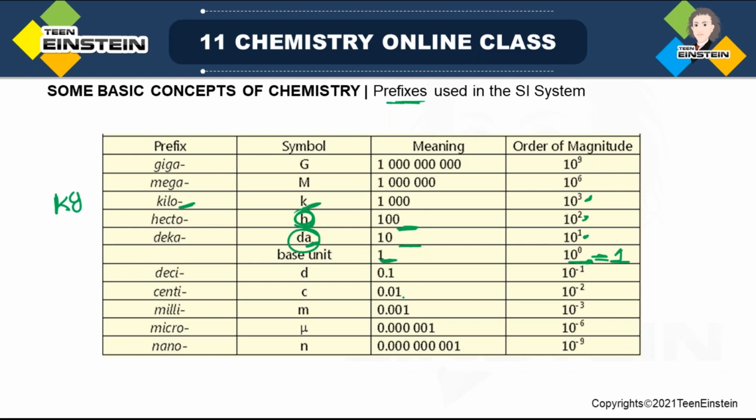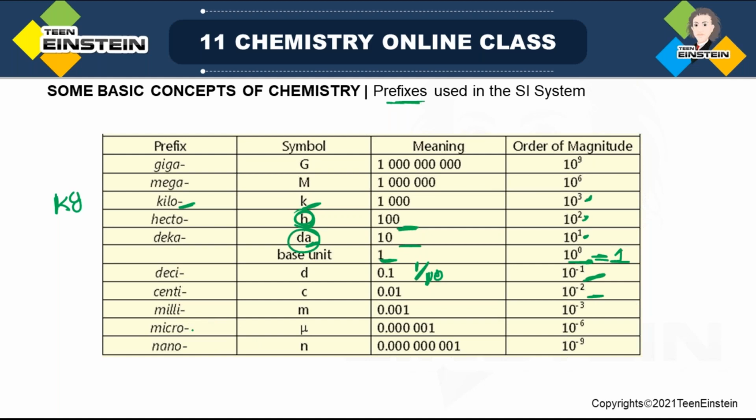Similarly, if it is not 10 times or 1000 times, suppose it is 10 times less, that is 1 by 10. So now it will be 0.1, or you can say it is 10 to the power minus 1. Suppose it is 100, that is 1 divided by 100. So now it is 0.01, or you can write 10 to the power minus 2.